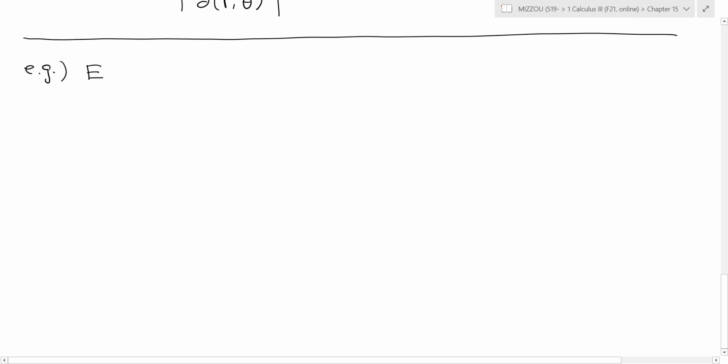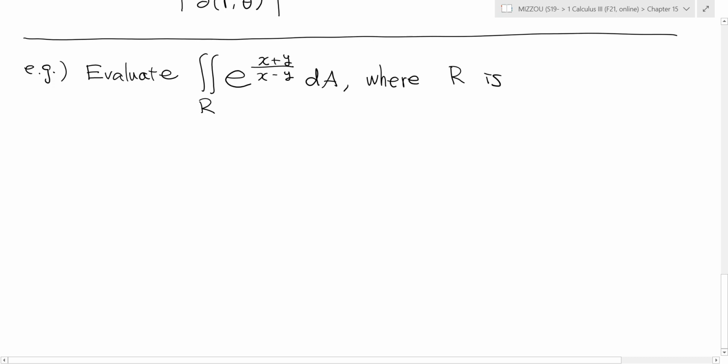Evaluate the double integral dA, where R is the region like this. Minus or minus, this is 2.